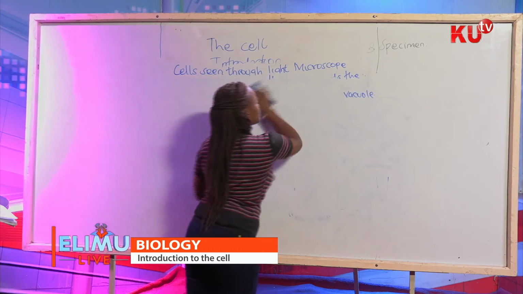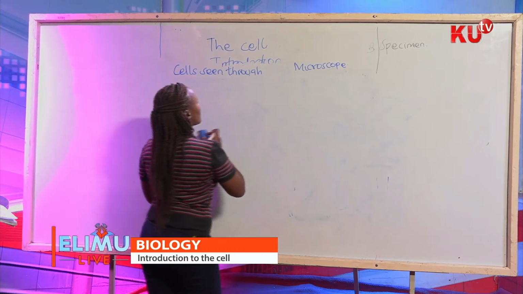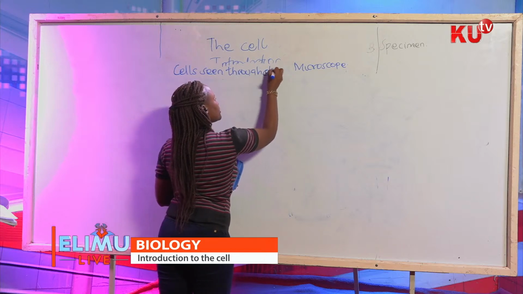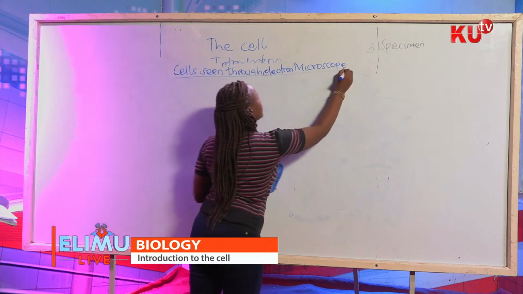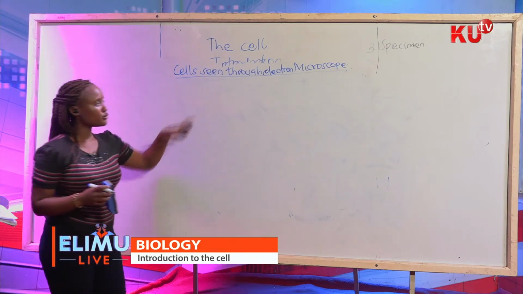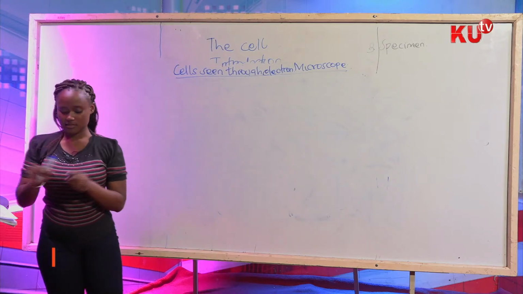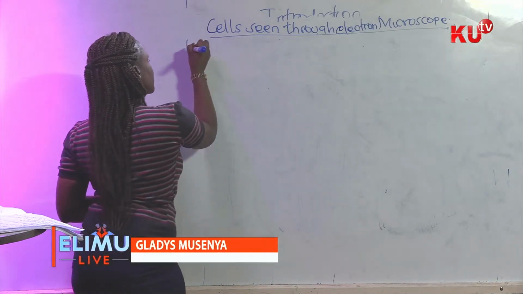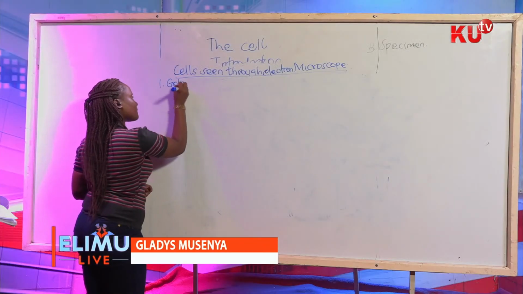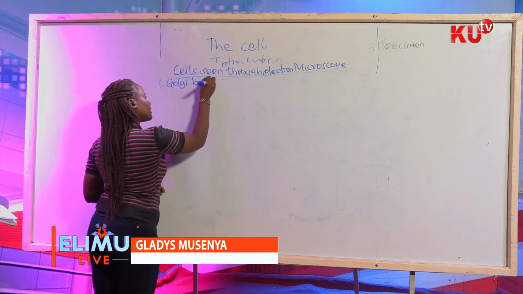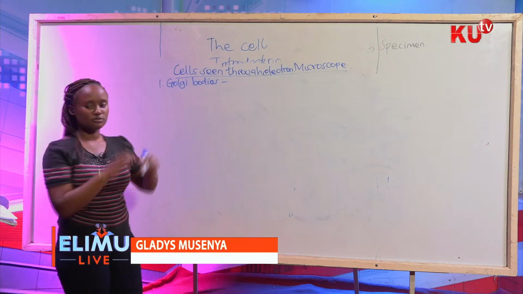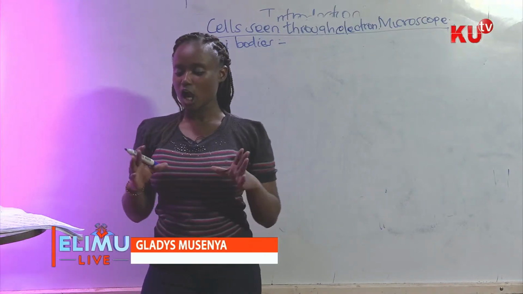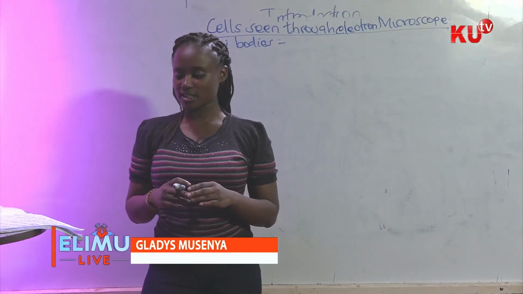So here we just change from light to electron microscope. The first one we have is the Golgi bodies.